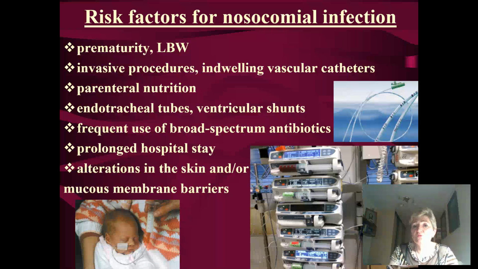Next, invasive procedures: indwelling vascular catheter, prolonged parenteral nutrition, endotracheal tube or ventricular shunt, patient with hydrocephalus, frequent use of broad-spectrum antibiotics, prolonged hospital stay in intensive care or hospital, and alteration of the skin or mucous membrane barriers.